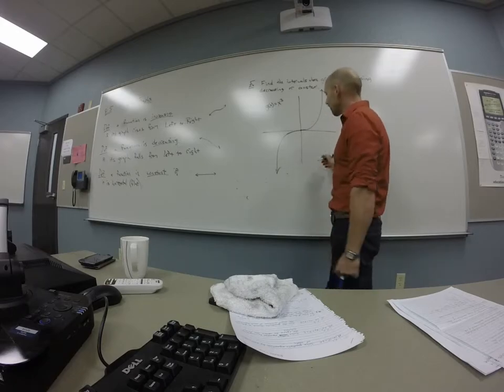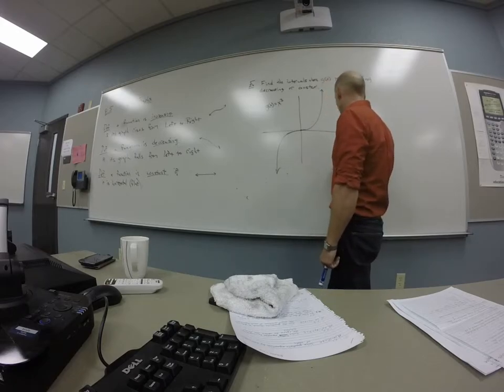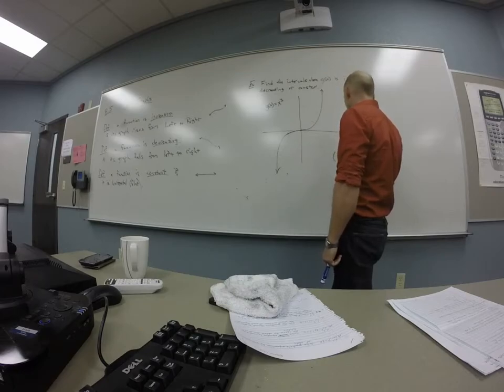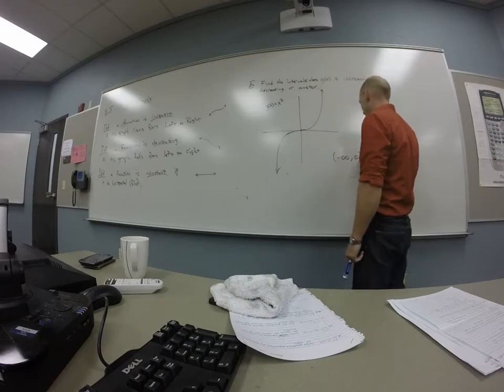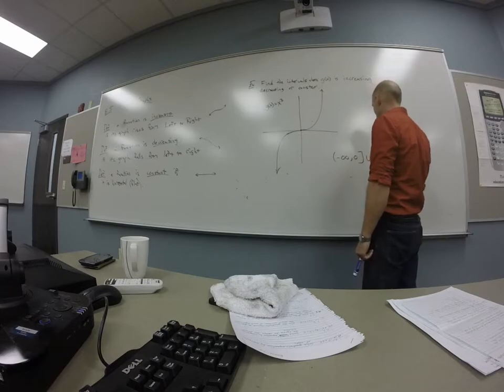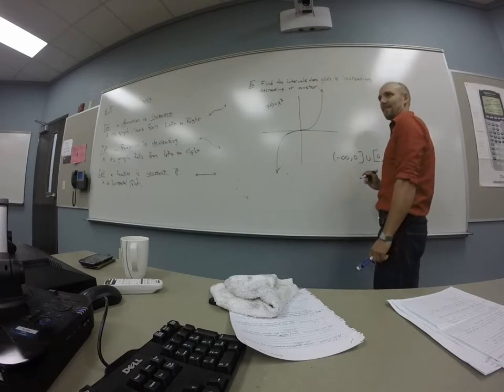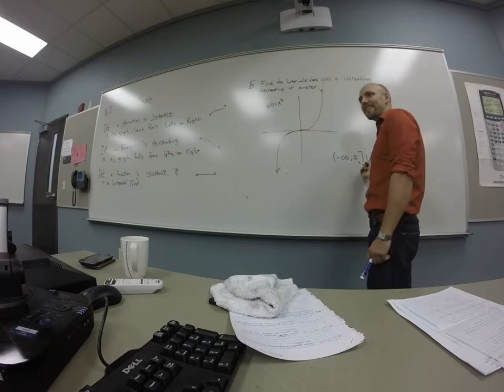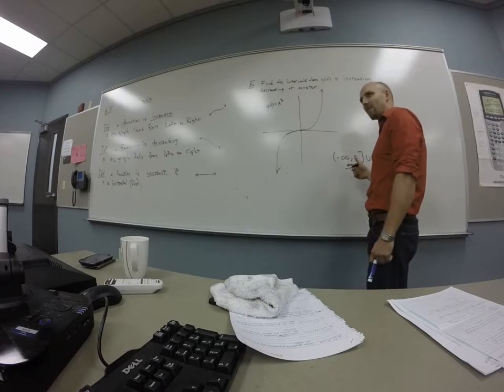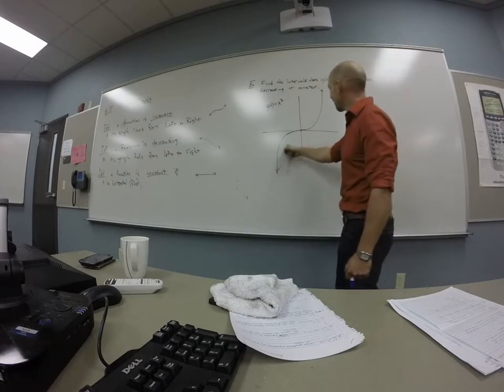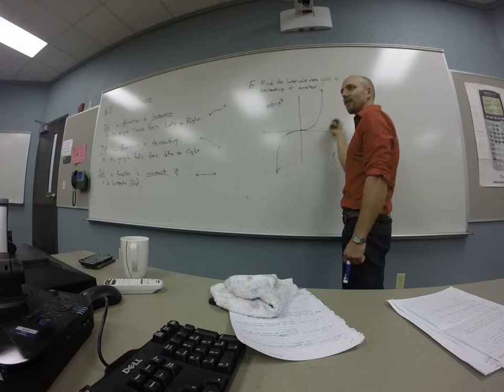You really sort of want to write it's increasing from minus infinity to 0, and it's increasing from 0 to infinity. This is what I want to write. In my head, for some reason, I want to say, well, it's increasing over here, and then it's also increasing over there.